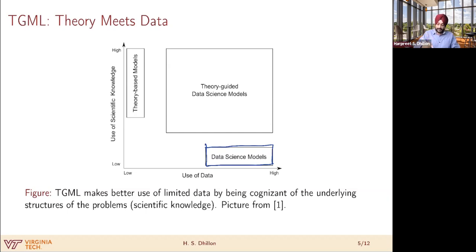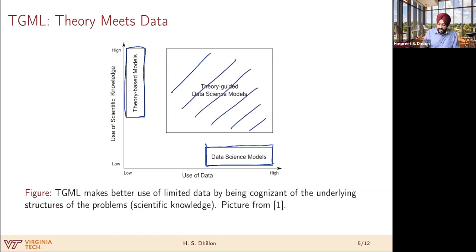So that approach is basically theory-based models using little data, but a high amount of scientific knowledge. Now, theory-guided data science models will lie somewhere here, where they are using both scientific knowledge and data, probably to varying degrees, depending upon where you lie here. Things will be a lot more clear from the example that we are going to do later today.